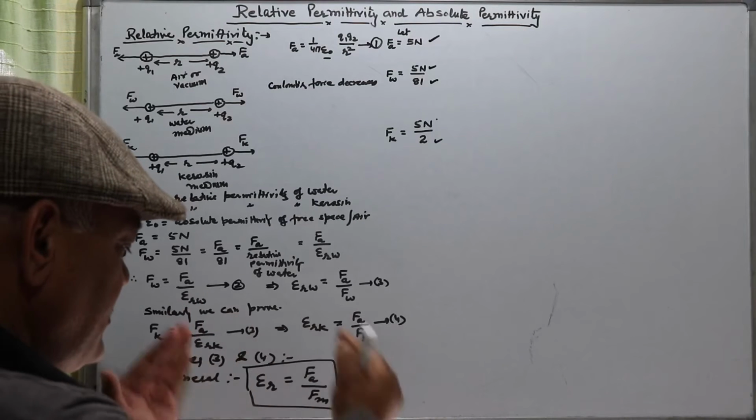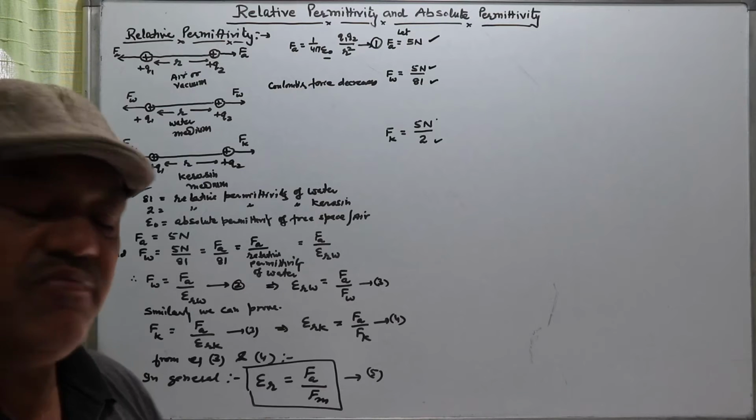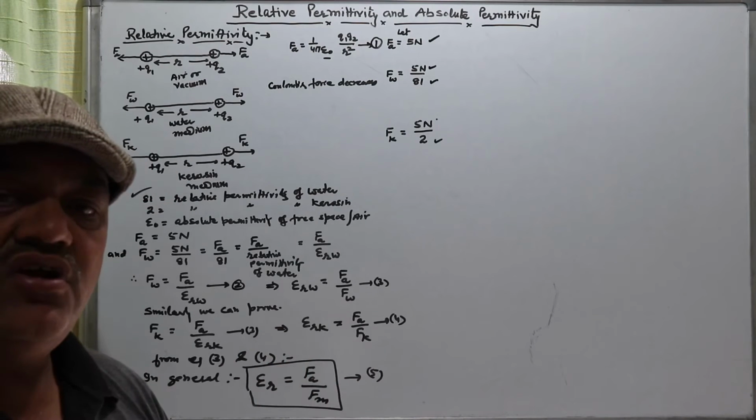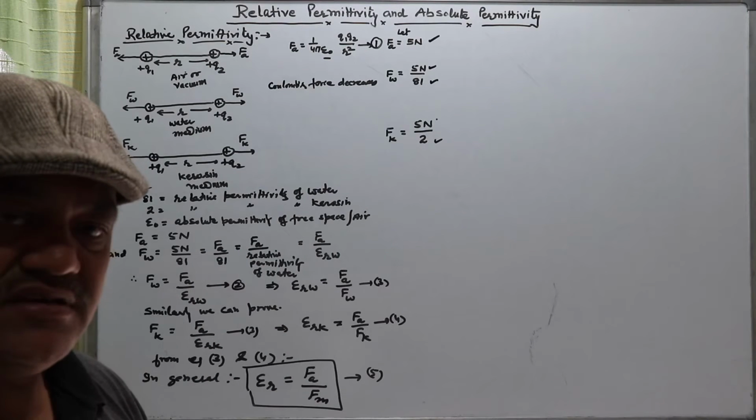So this is the definition of relative permittivity of a medium in terms of Coulomb's force between two stationary point charges.